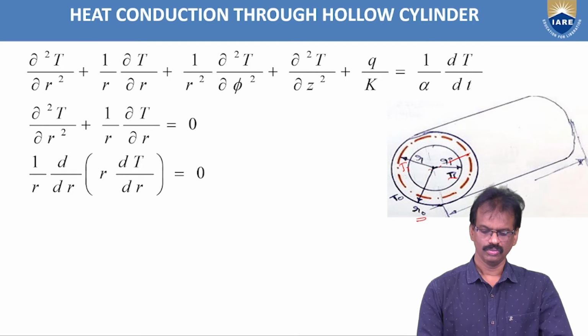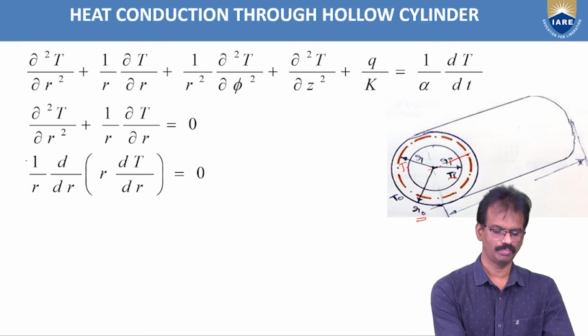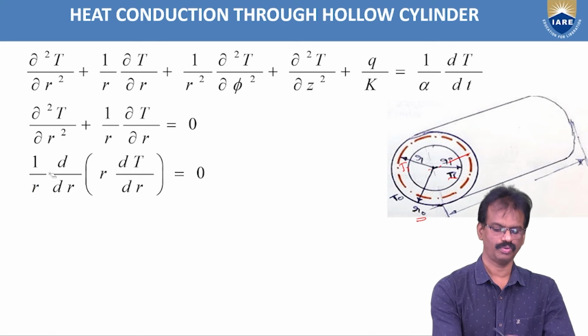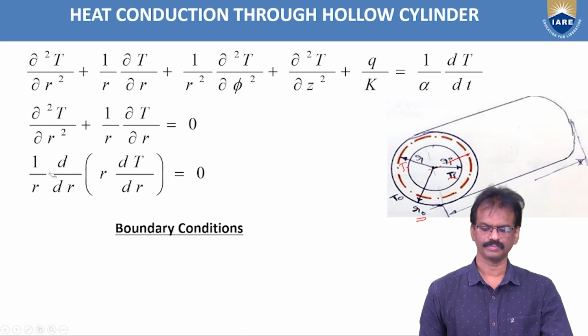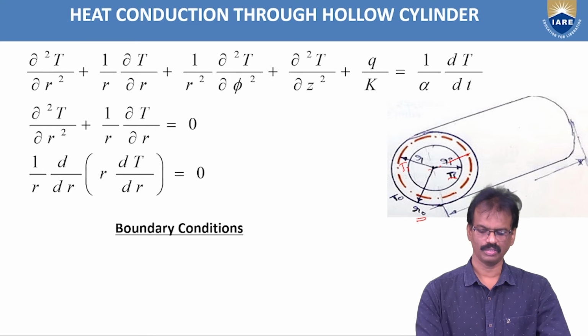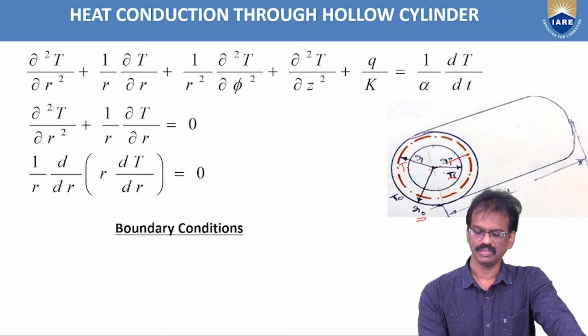For this, we can integrate on both sides. If you apply the integral, we will get the formula like this. We can also apply the boundary conditions here. There are two boundary conditions: inner surface and outer surface.